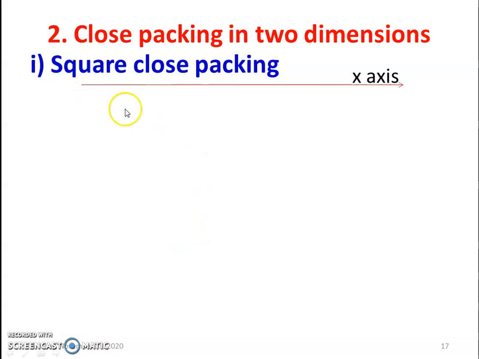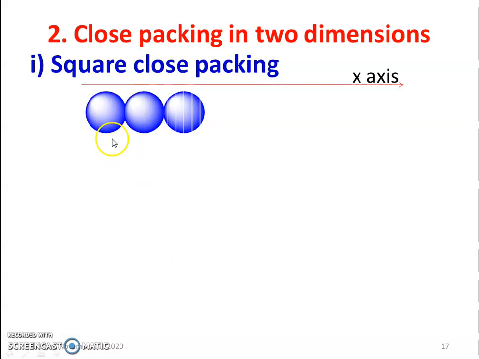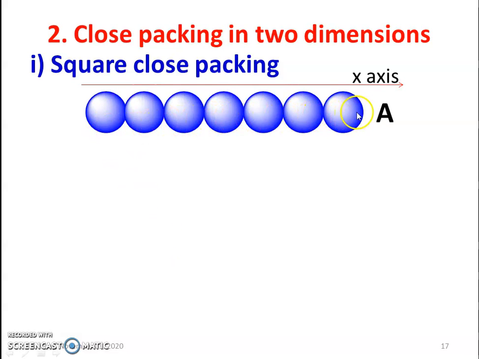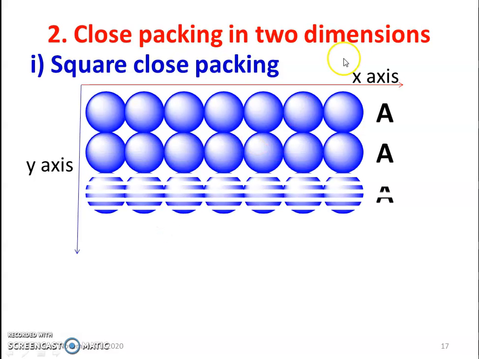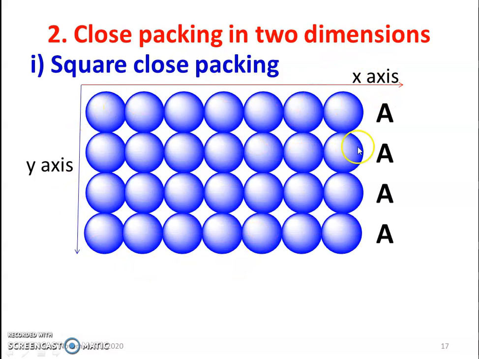Now consider again, this is the x-axis and spheres are arranged along this x-axis. So this is one dimensional arrangement. Now consider this is the y-axis, which is at right angle to x. Now when we arrange the layers along this y-axis, this is the xy plane. So when spheres are arranged along this xy plane, this becomes the two-dimensional arrangement.